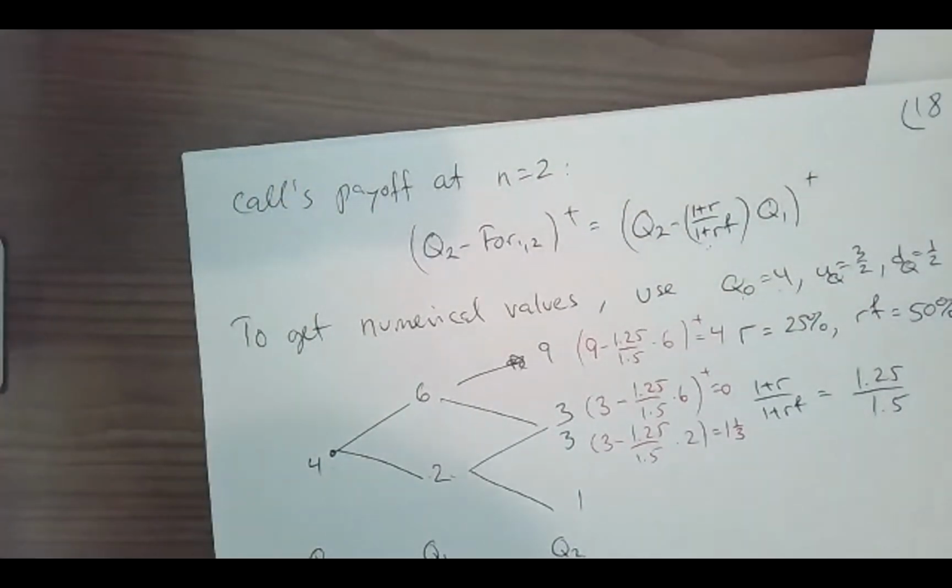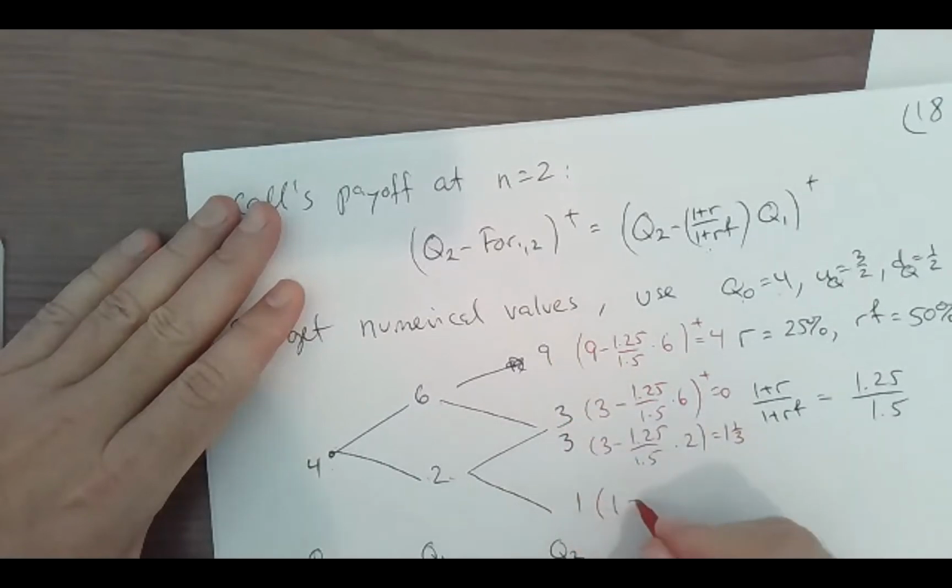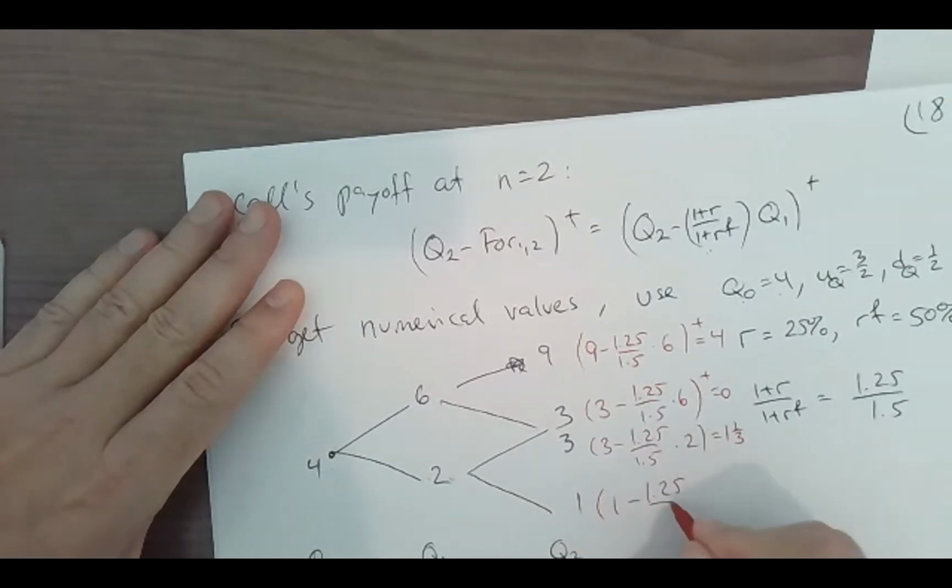Double check that. And then the last one will be the exchange rate is 1 minus that ratio, 1.25 divided by 1.5 times 2.